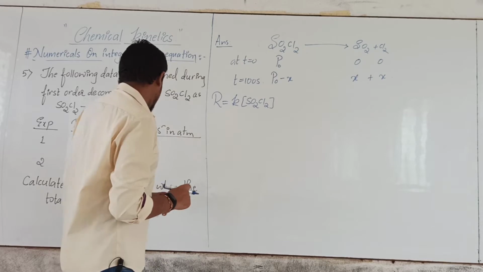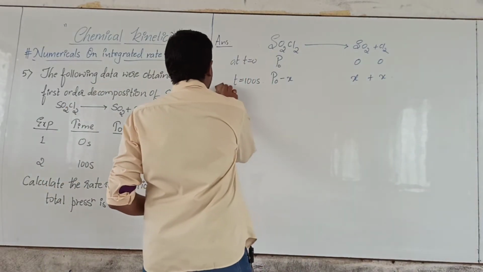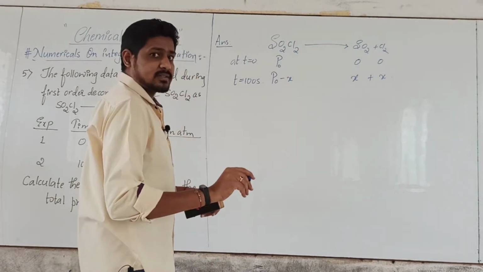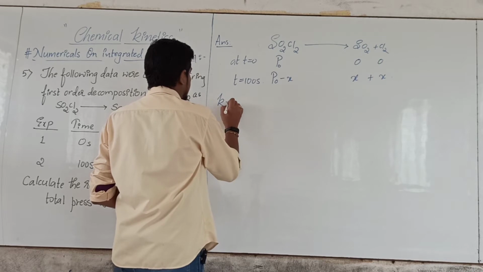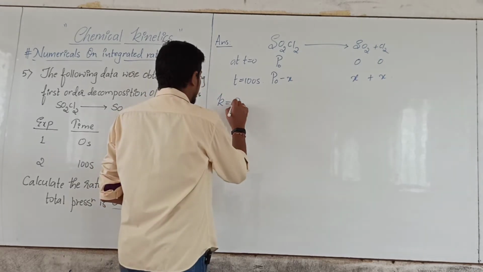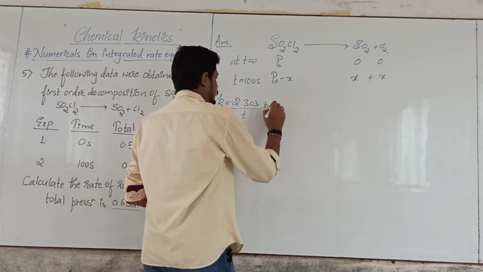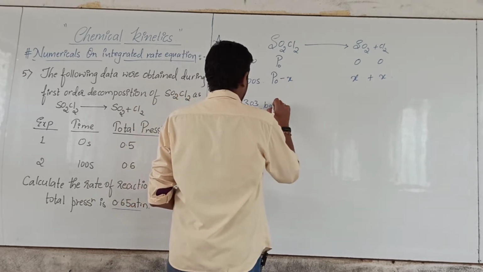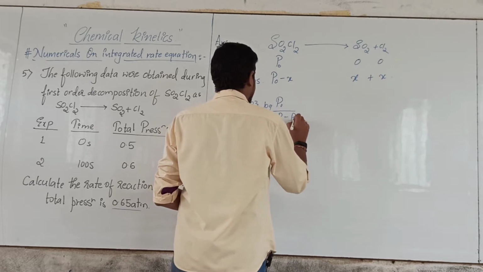Let us see first how do we calculate the rate constant. Yesterday we derived the equation: K is equal to 2.303 divided by t, log of P0 divided by 2P0 minus Pt.